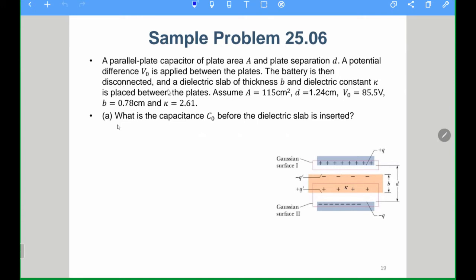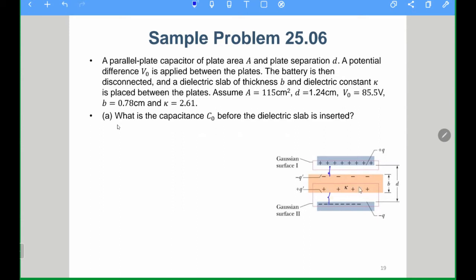And here we try to insert a dielectric slab of thickness B, so not D anymore. So this B is shorter than D, so there is some gap between the dielectric and the parallel plate. It isn't necessary to know how long this part and this part are; it doesn't really matter.